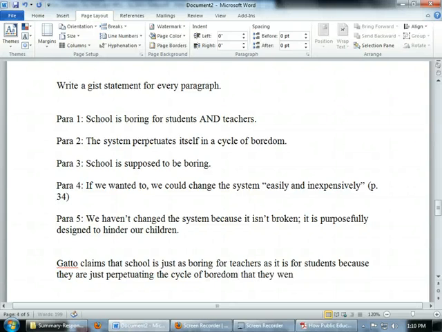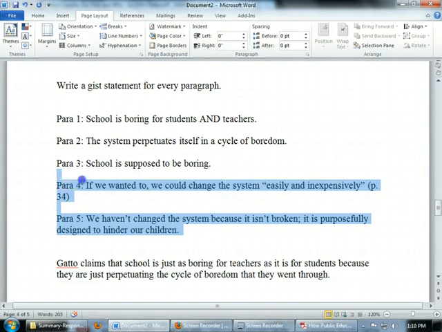That they went through. So that captures the gist of paragraphs 1 and 2, and it even hints a little bit at paragraph 3. Now to try to chunk the rest of this together for paragraph 4 and 5, and even a little bit of paragraph 3. Paragraph 3 is kind of a transition paragraph, so it sort of hints at both of these.